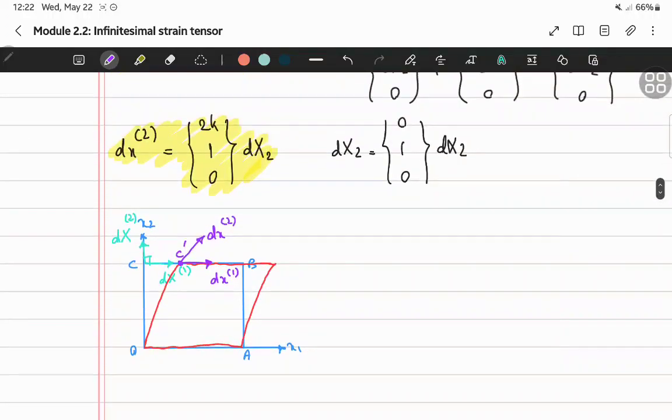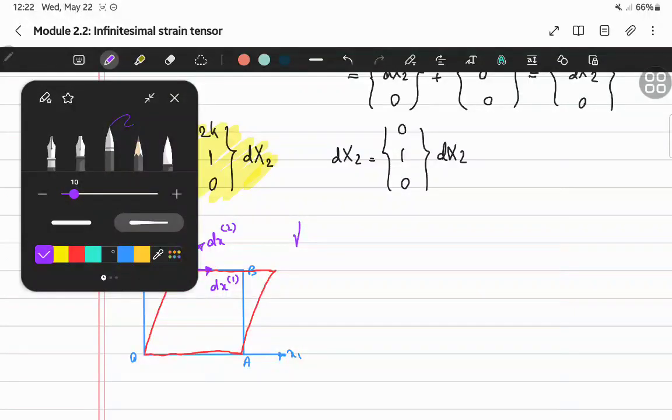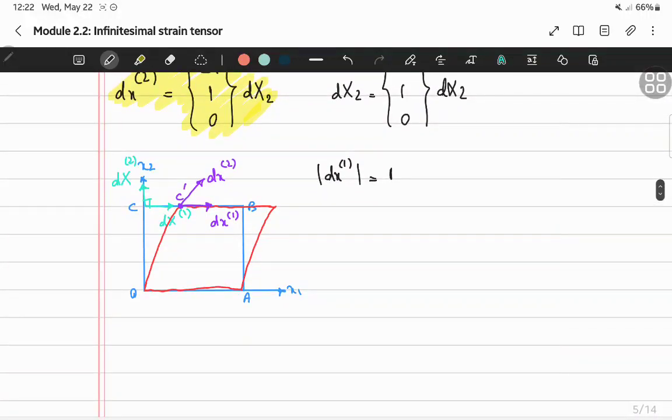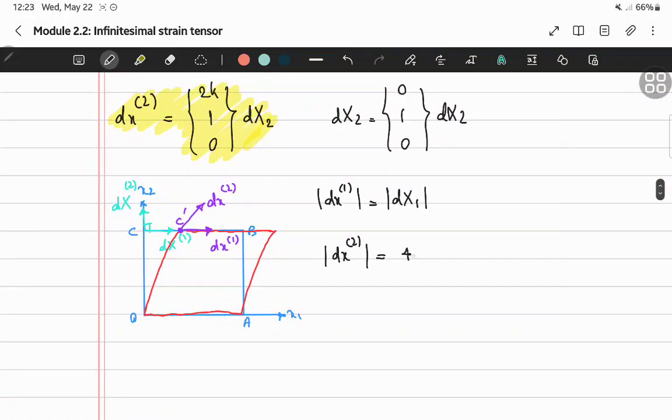We can get the magnitude of this, for example, I can just write it here. The magnitude of dx1 is going to be, of course, 1, or let's say dx1, and the magnitude of dx2 is going to be the square root of 4k squared plus 1, times dx.